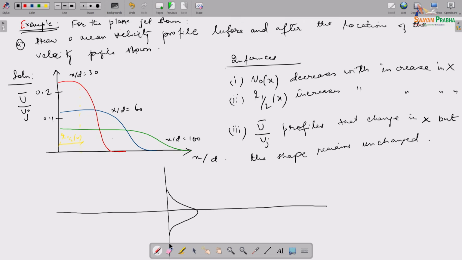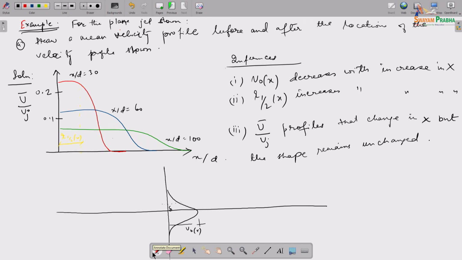So, if that is that, then this is delta, okay, and this is the centerline velocity, right.